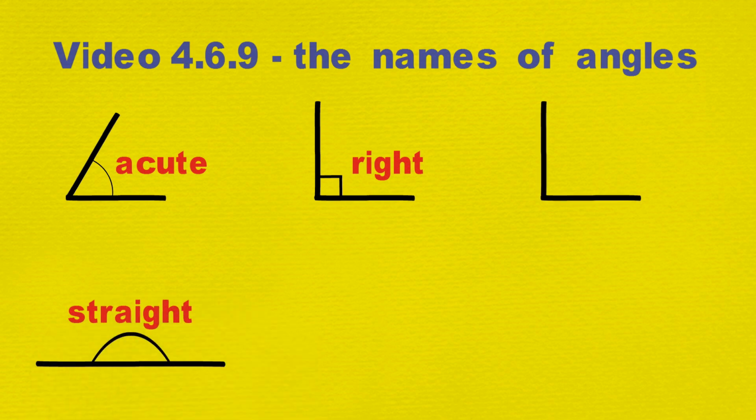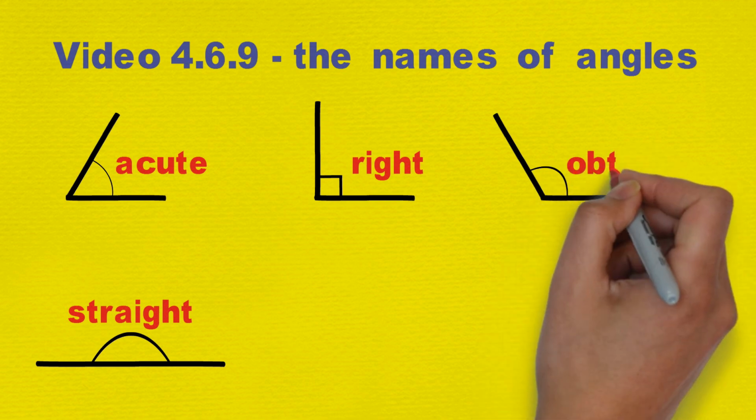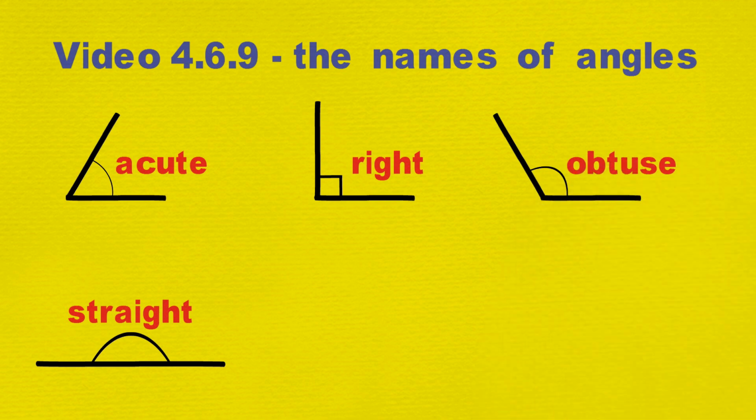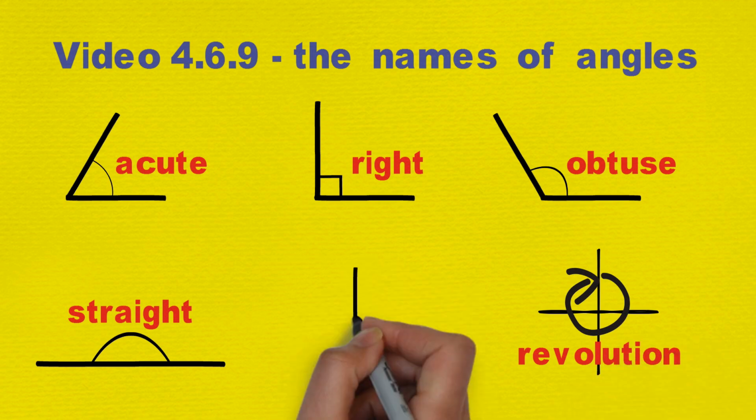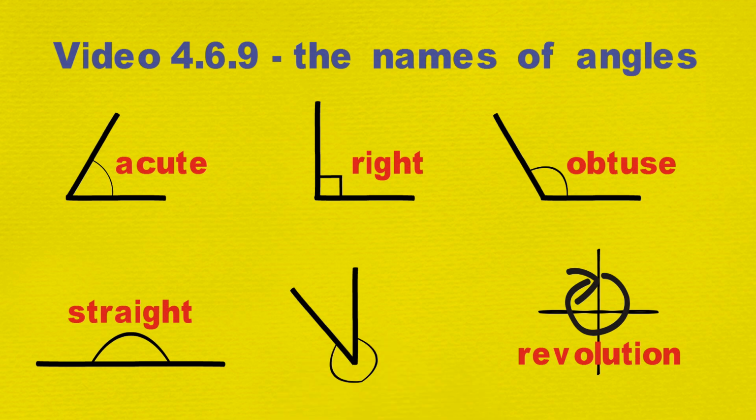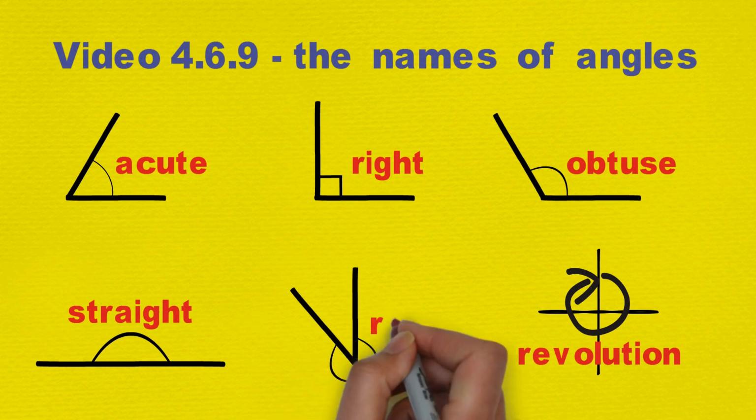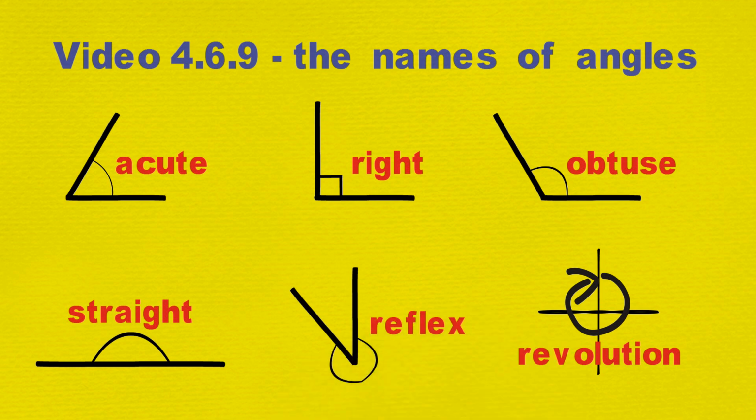Angles bigger than a right angle but less than a straight angle are called obtuse angles. If we put four right angles together, we make a full revolution. And finally, angles between a straight line and a revolution are called reflex angles.